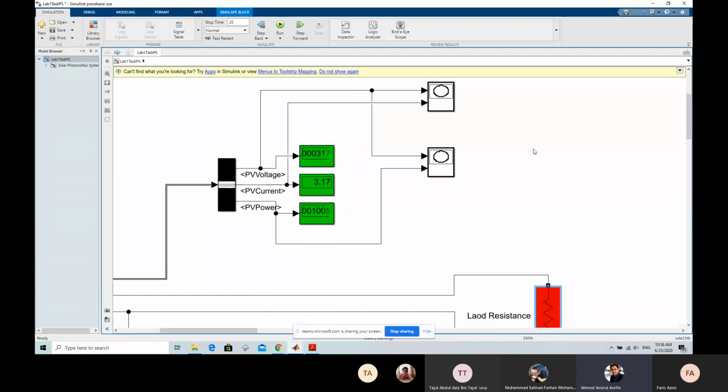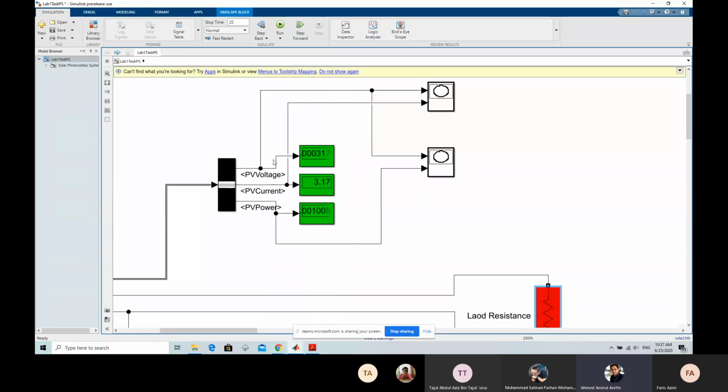So in your lab reports, you have to mention, once you put the short circuit analysis, what your voltage, current, and power are. Okay, so this is basically the short circuit analysis.